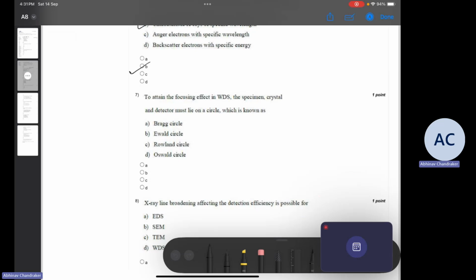To obtain the focusing effect in WDS, the specimen, crystal and detector must lie on a circle. We have already seen that they need to lie on a circle so that no matter at what angle the BSEs are leaving the specimen, they will always reach the curved single crystal at the same angle. I'll show it here.